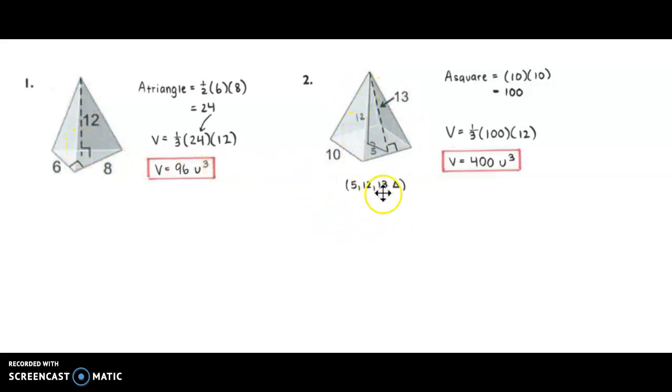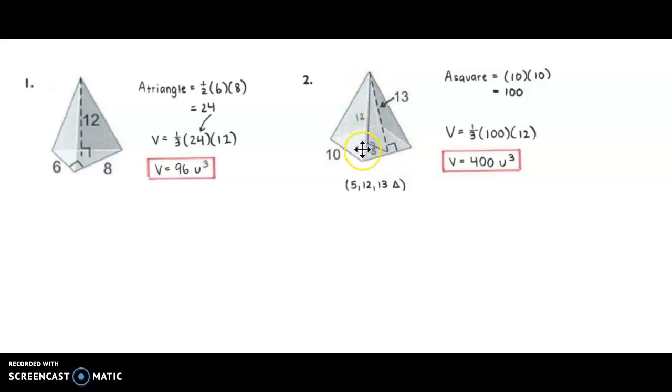And then over here, the area of the square. Now, so the 13 is the slant height, right? 10 is an edge, and so the 5 is from the middle of the floor to the midpoint of the edge, right? And so therefore, you got to figure out the height of the pyramid.